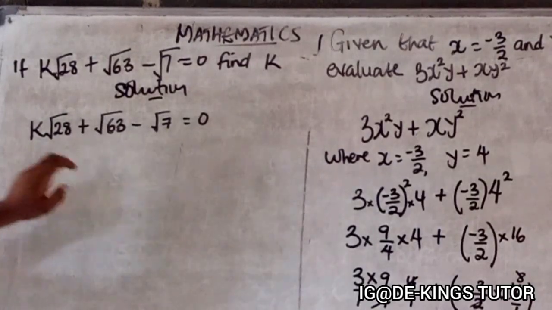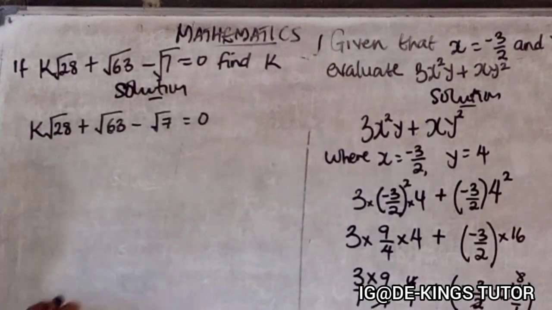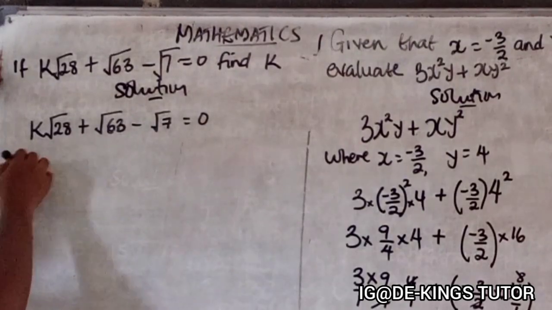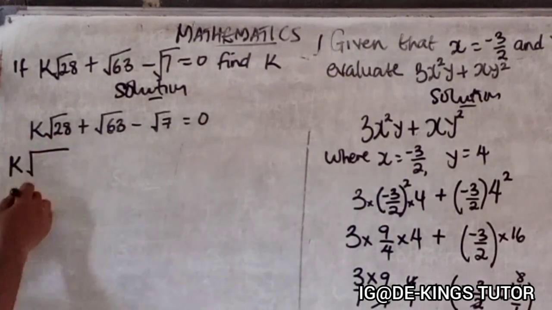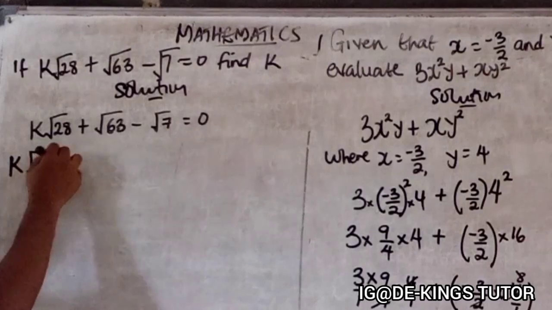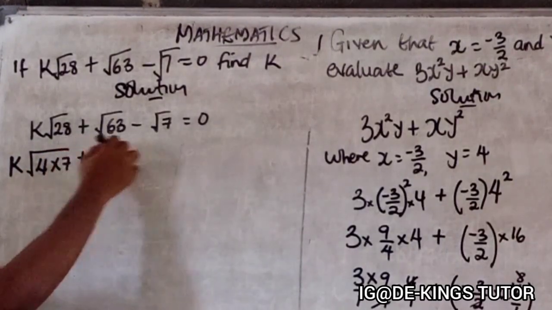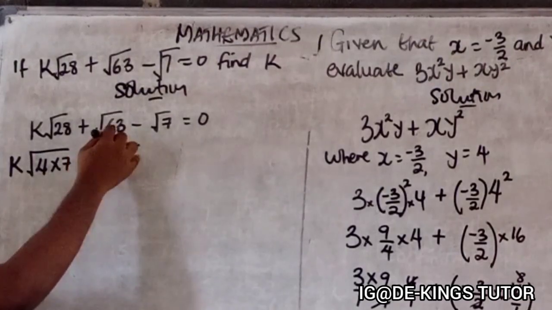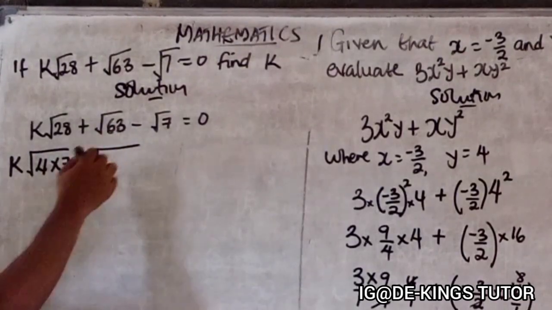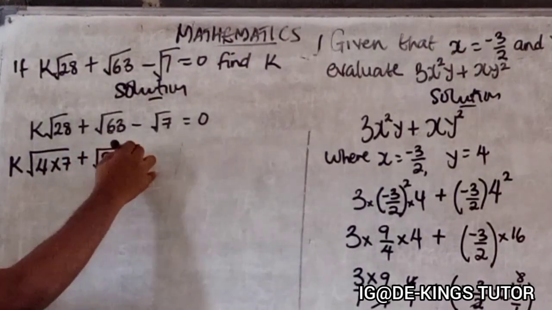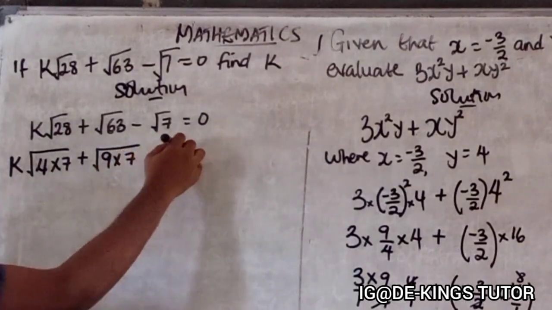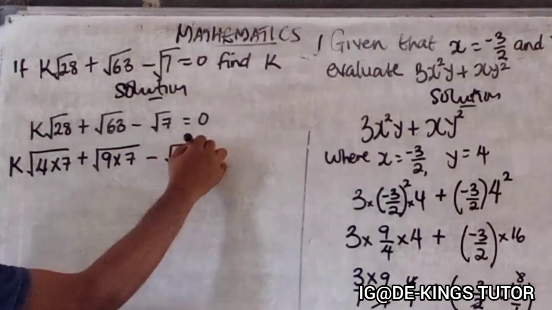If we do that, this can give us k root of 4 times 7 plus root of 9 times 7 minus root 7 equals 0.